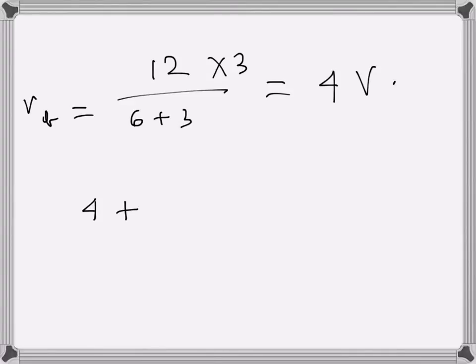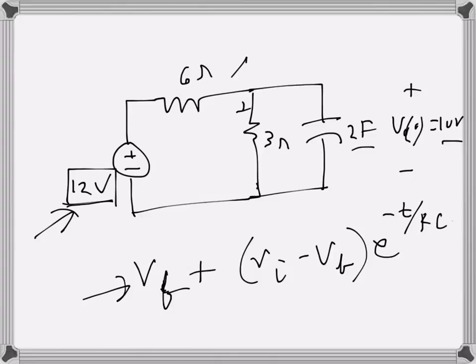So we have 4 plus 10 minus 4 times e to the power minus t over RC. RC I didn't find yet. So RC will be, when C is 2 farad, that's given. But what will be R? In order to find R, we have to find the resistance through which the capacitor will discharge. We have to make the source inactive and see what resistance the capacitor sees. If we ignore the voltage source here, this will be replaced by a short circuit.